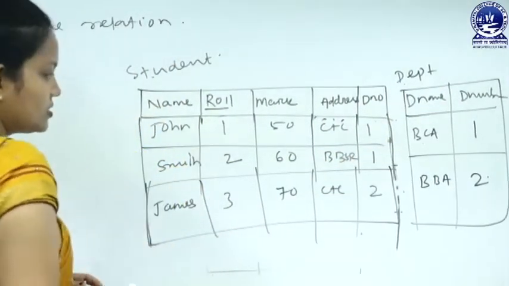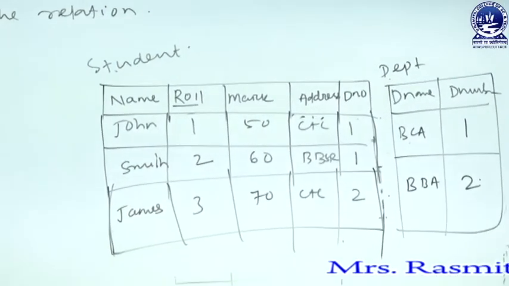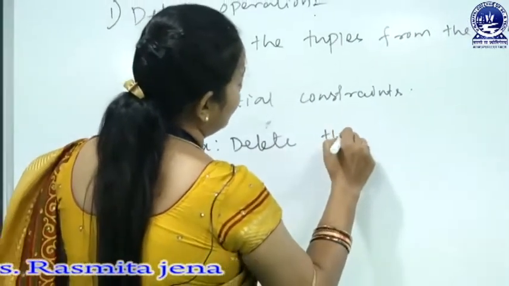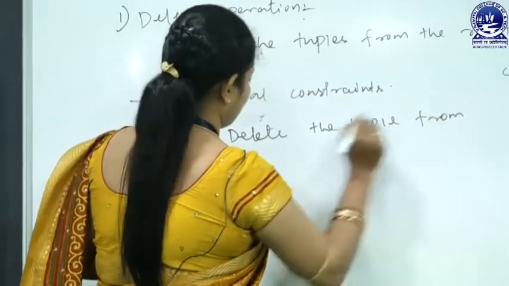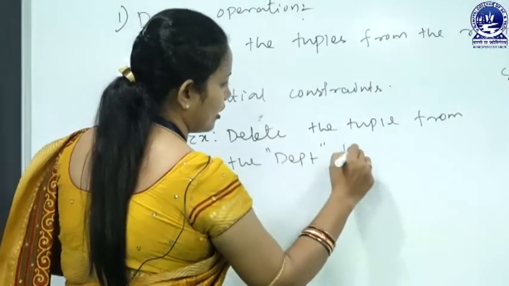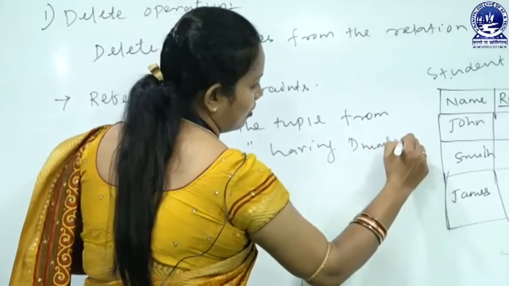Suppose the query is to delete the tuple from the department relation having D number 1.